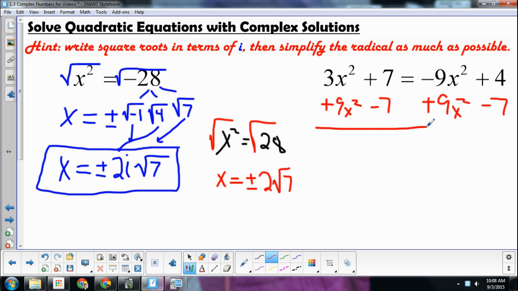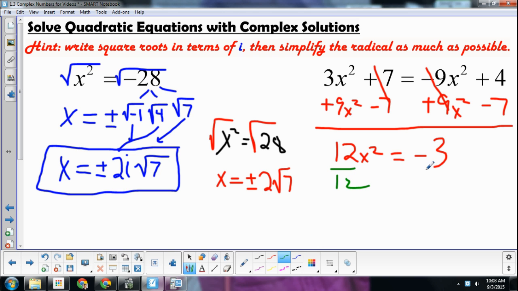I put a big equals bar underneath it. 3x squared plus 9x squared is 12x squared. 7 minus 7 is 0, so nothing to worry about here. Those two things cancel. And I have 4 minus 7. Well, that's -3. Next step in solving for x is to get the square by itself. Let's use division. We divide both sides by 12. And that gives us x squared is equal to -1/4.